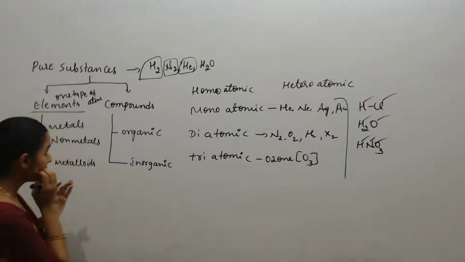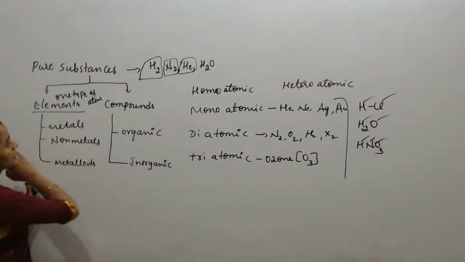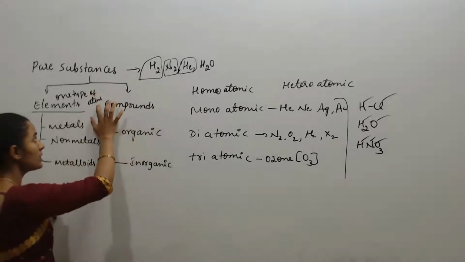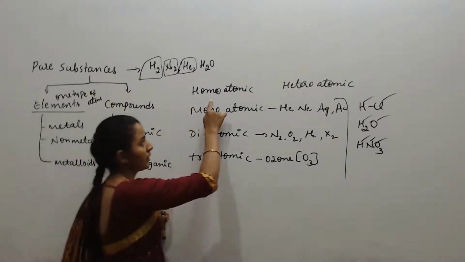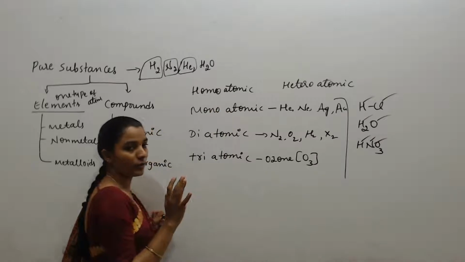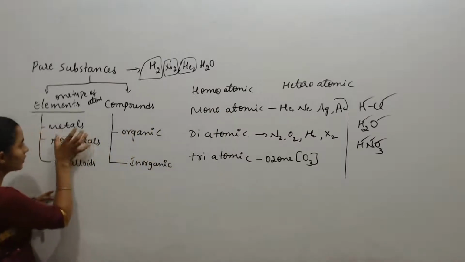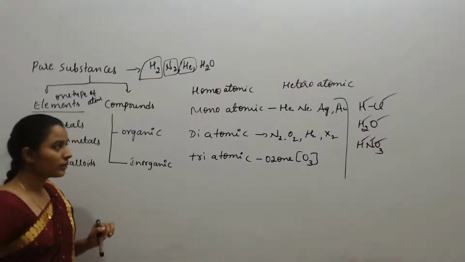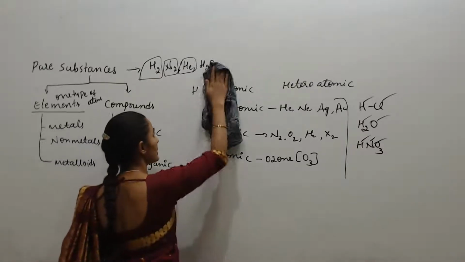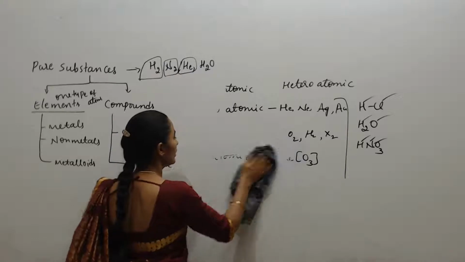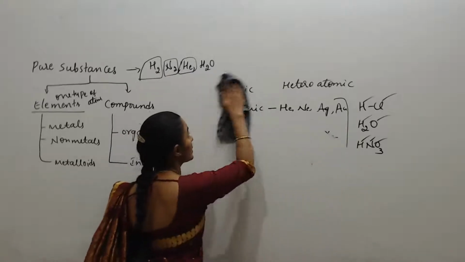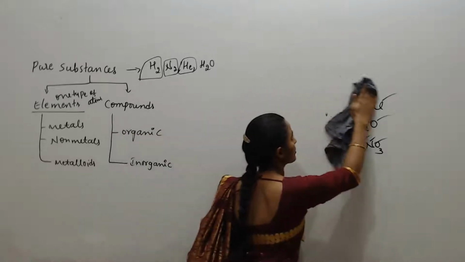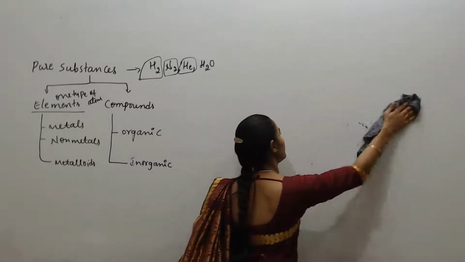Okay. So students, another one thing is what we are going to discuss now. So I said few substances, elements are there. In that elements based on the atoms, they classified like homoatomic and heteroatomic. Now in that different metals are there, non-metals are there, and metalloids are there. So what are metals, metalloids and non-metals? You are well known about that. Metals means based on conductivity we want to say means metals are good conductors of heat and electricity.